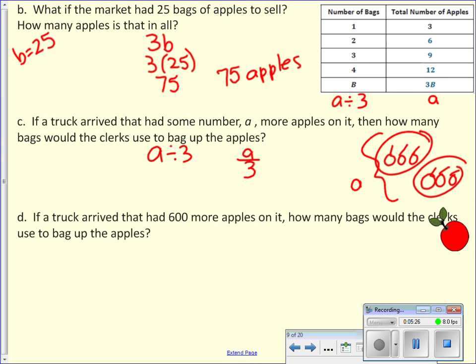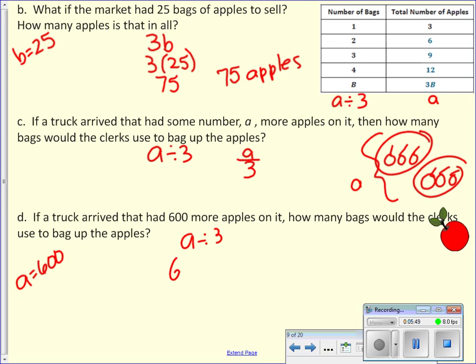So now, a truck arrived that has 600 apples. So that means my A equals 600. So to solve that, what am I going to write first? My formula. So A divided by 3.